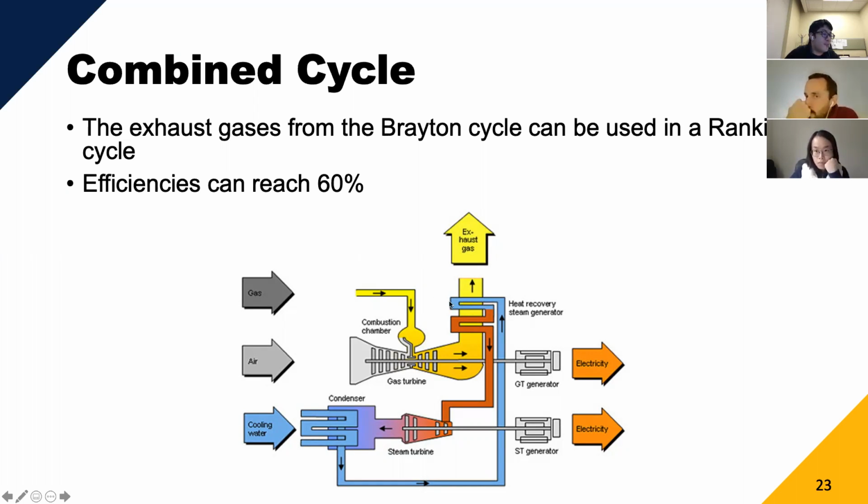And so by heating up the water, you can send the steam generated through a second steam turbine to capture energy in that original Rankine cycle. And so in a natural gas power plant, oftentimes in a combined cycle plant, you're going to have both the gas turbine as well as the steam turbine. And this allows for much higher efficiencies.